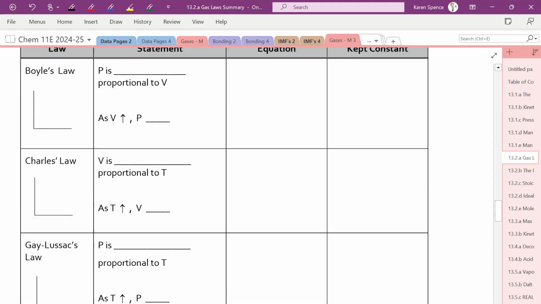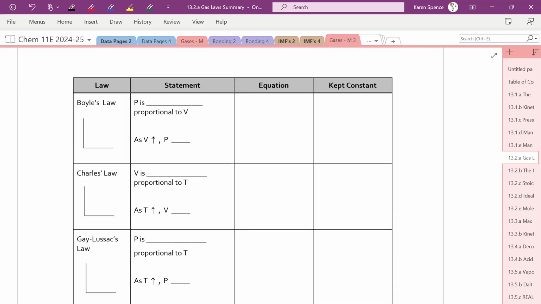So I could probably leave this to you to fill in. Do you want to try it on your own? Just do that real quick. So you're looking for directly or inversely?